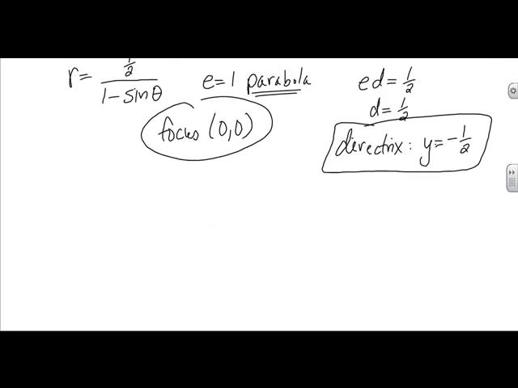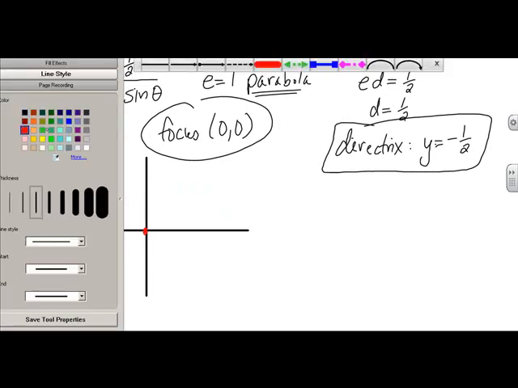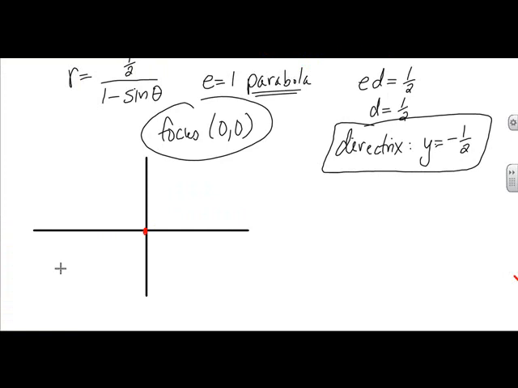All right, our focus is here. Y equals negative 1/2 maybe is there. So I know my parabola has got to curve away from the directrix around the focus.